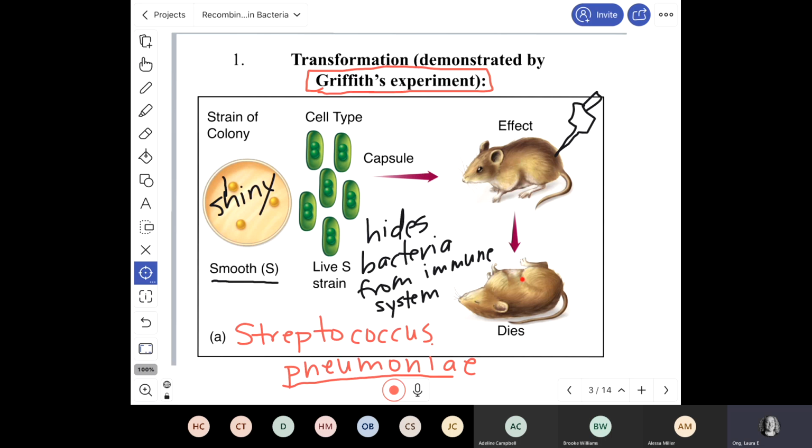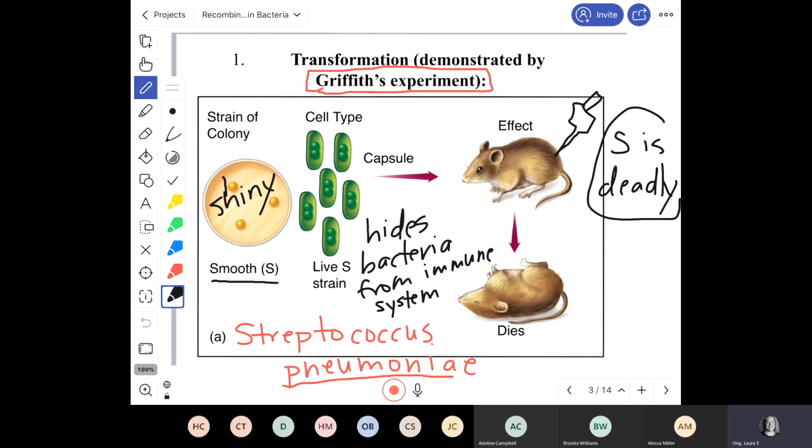So we could say that S strain is deadly to mice. These pictures are showing one mouse, but he did it in populations of mice. So he knew this early on: S strain is deadly to mice.